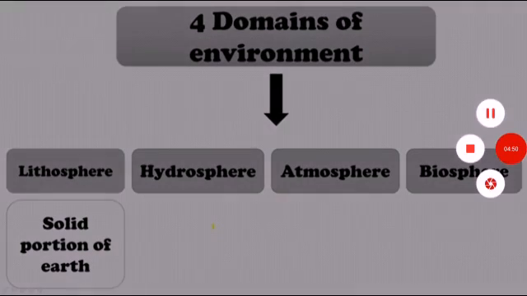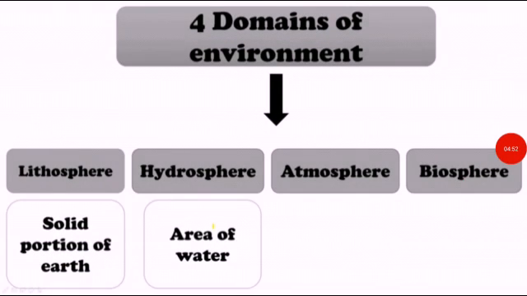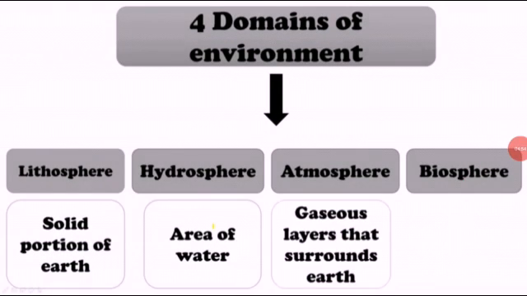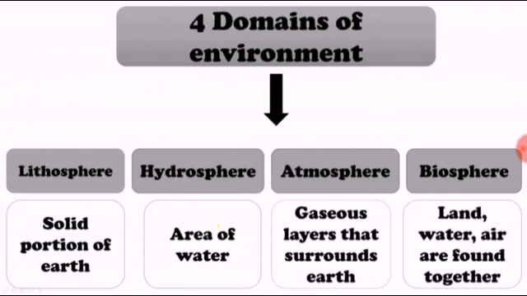Solid portion of the earth is lithosphere. Hydrosphere, area of water. Atmosphere is in the form of gaseous layers that surround the earth, and biosphere is where land, water, air are found together on the earth.